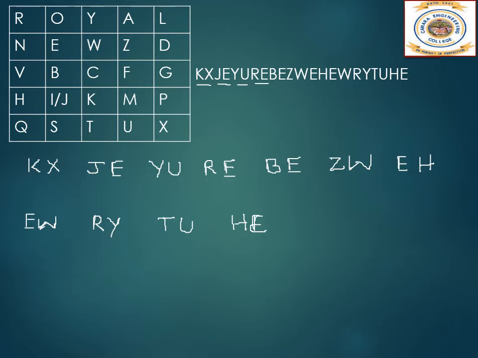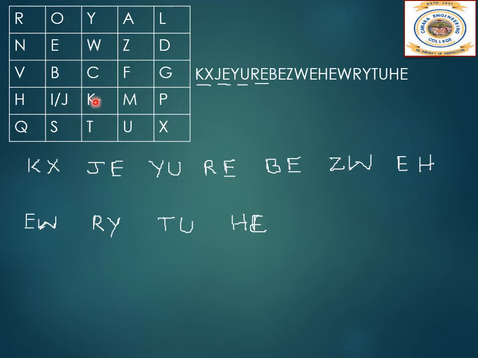So now let us start with the first pair of letters K and X. So we have to see where is K and where is X. K is here and X is here. Now how to do the decryption process?